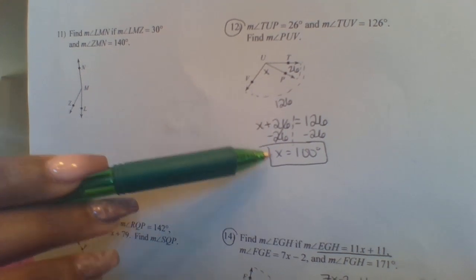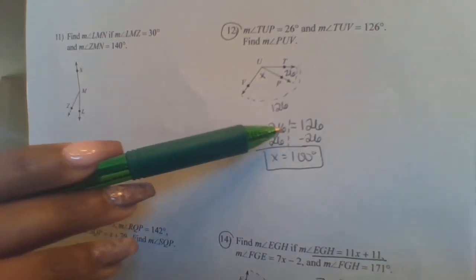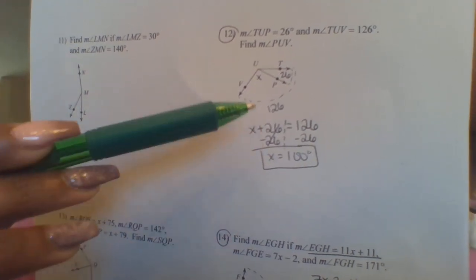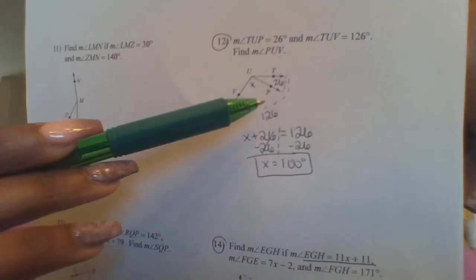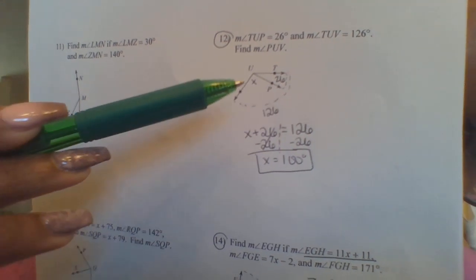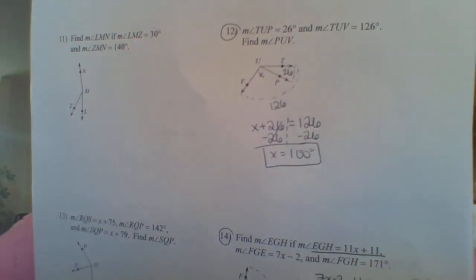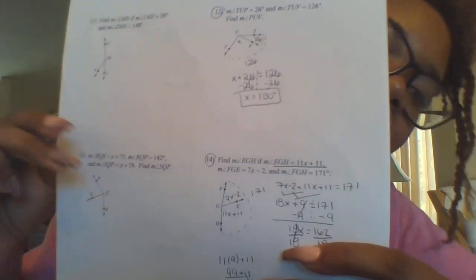X plus 0 is X, so we're just left with X on this side. And then 126 minus 26 is 100. So we see that this angle has to be 100, which makes sense because 100 plus 26 gets us this whole angle of 126. That's number 12.